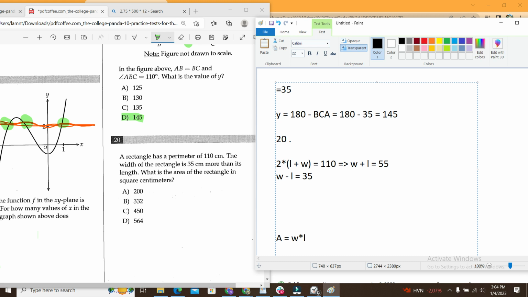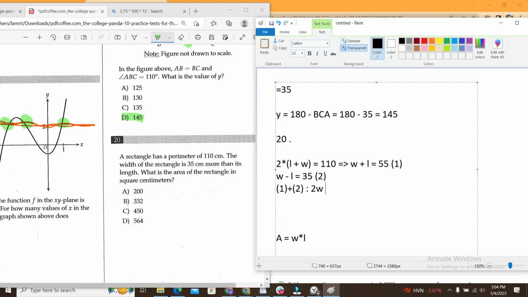Okay, if we add equations 1 and 2 together, we get 2W because L minus L is 0, right?